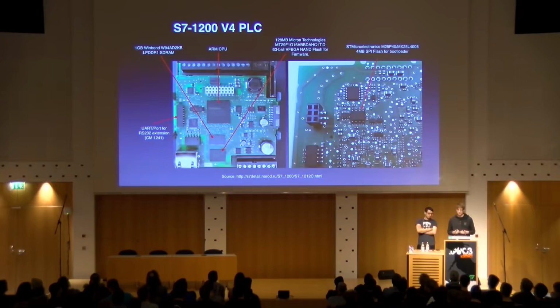So we actually did some X-ray tomography of the PLC. So it's basically 3D, so the PCB is rotating here because we wanted to also do some hardware reverse engineering. And somebody in university had something, so we didn't have to go to our dentist for X-ray.